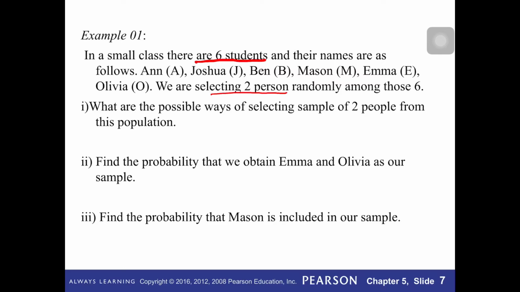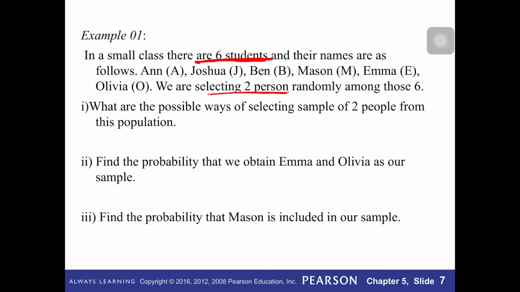So we need to check what the total possible outcomes are in this situation. We have 6 students, we have to select 2 by 2. I mean, at a time we can select 2. So we need to write all the possible pairs, simply pairs, because we have to select 2.